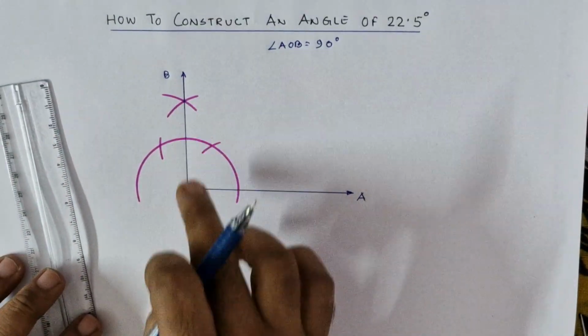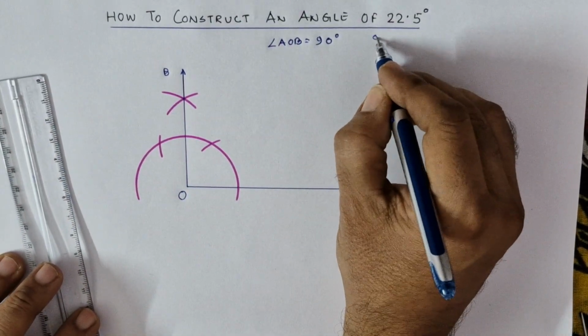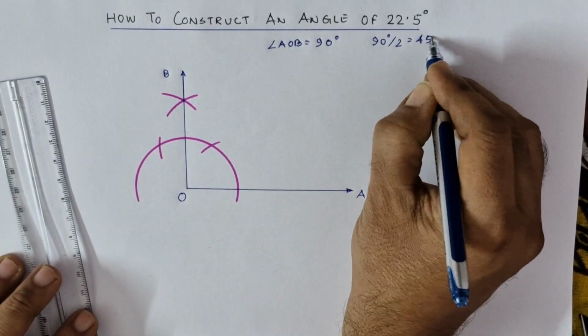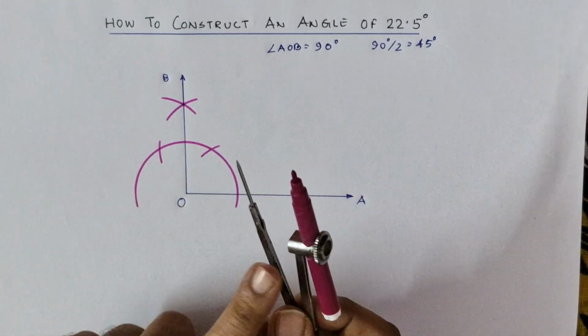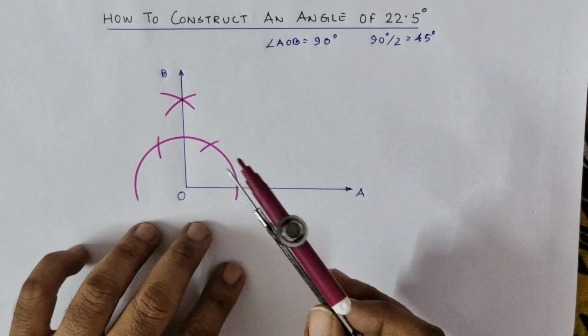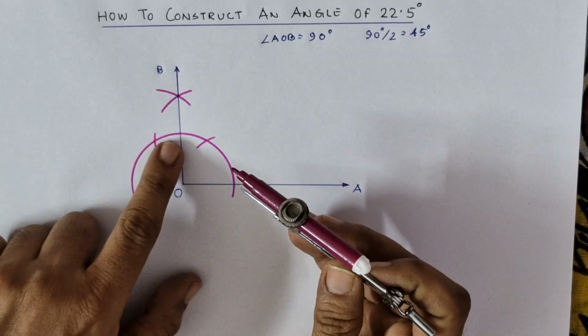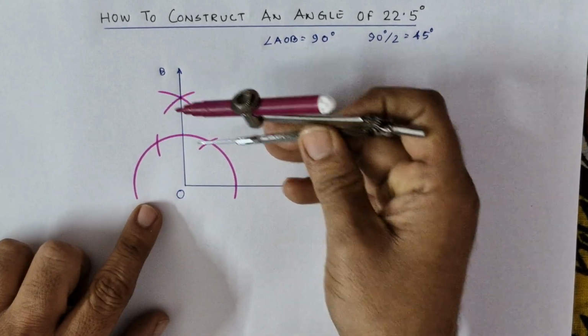Now let's bisect it. If we bisect it, we are going to have 90 by 2, that is 45 degrees. Let's do it. Don't change the radius, but always make sure that it is at least equal to the length of the distance between this point and this point.